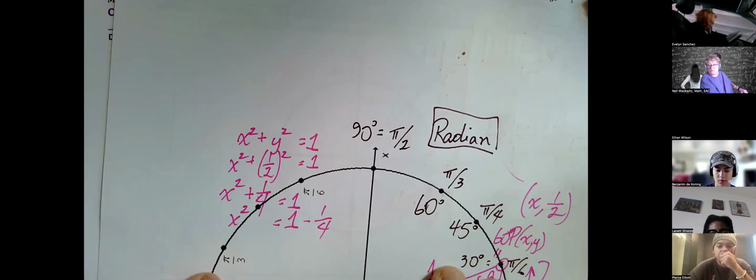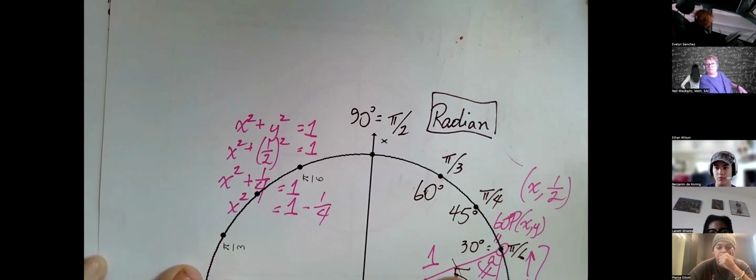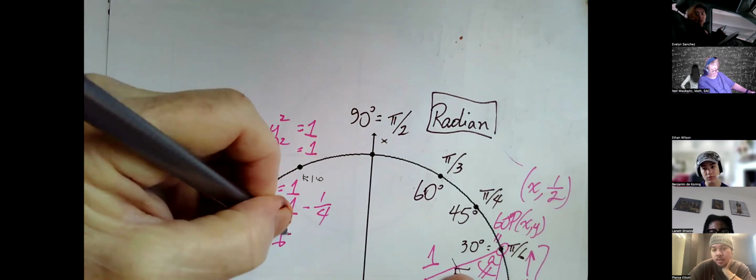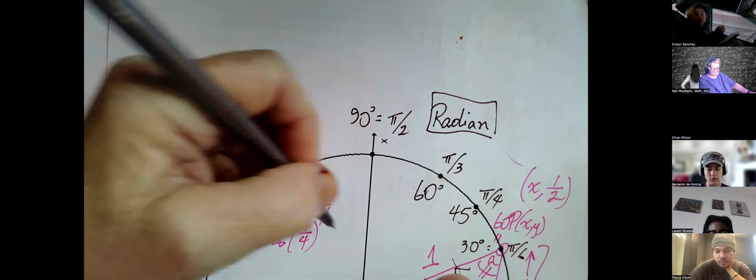And how do we subtract 1/4 from 1? Tell me the steps. You have to make the denominators all the same. So just multiply 1 by 4. Like 1 over 1 and then multiply by 4. Good.